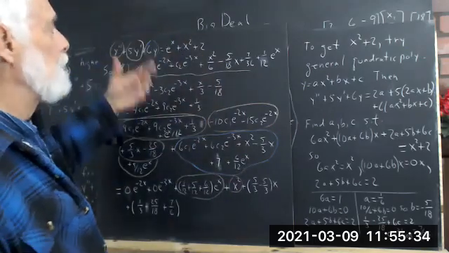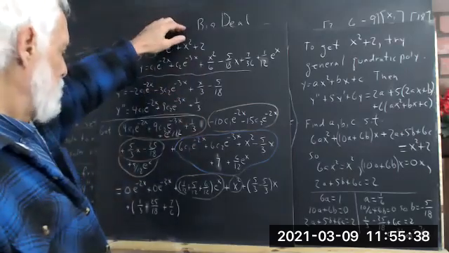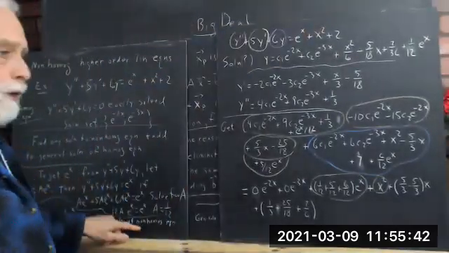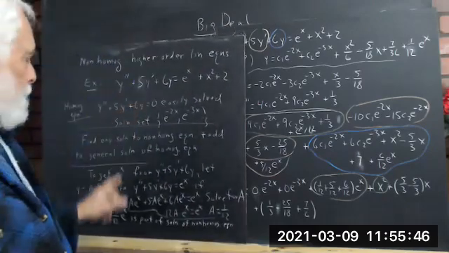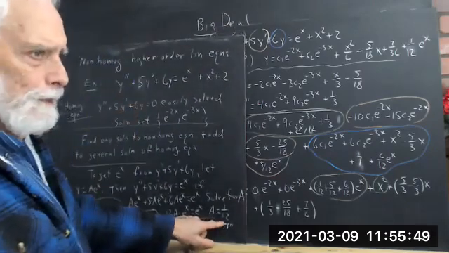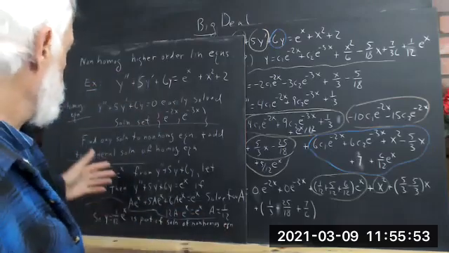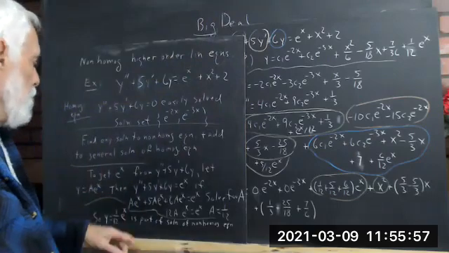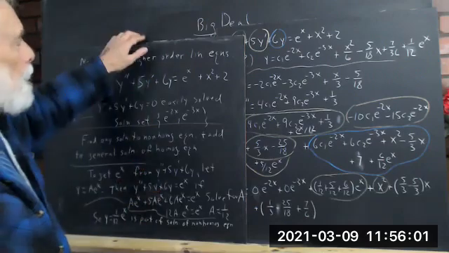If it's e to the kx, you try a e to the kx, and you just do what we did over here. It's going to come out in a very straightforward manner. The only difference, if we got some other coefficient, is you're going to get powers of that coefficient in the second and first derivatives.